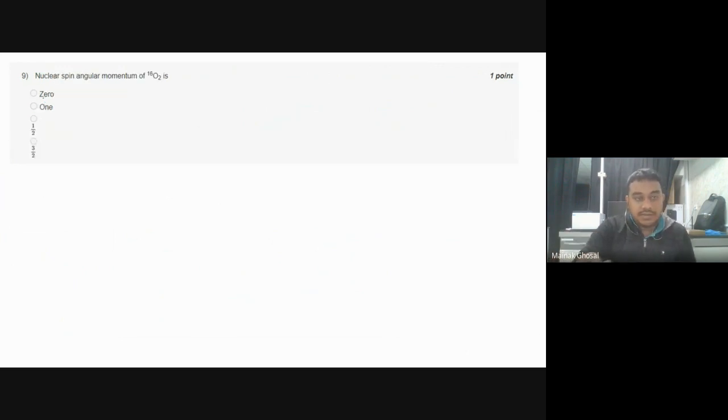Okay, so the next is a straightforward question. What should be the nuclear spin angular momentum of 16O2? So I have told you that, depending on the number of protons and number of neutrons, you can designate the nuclear spin, right?